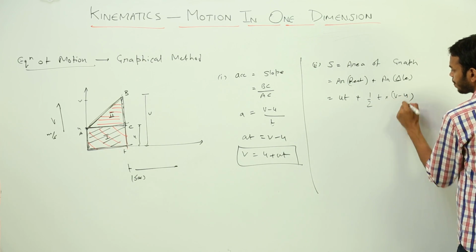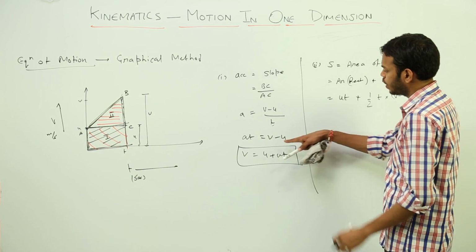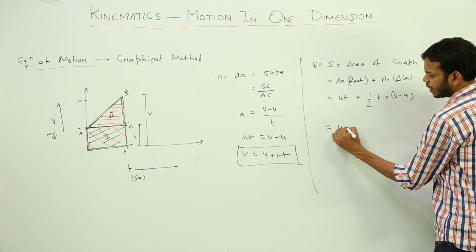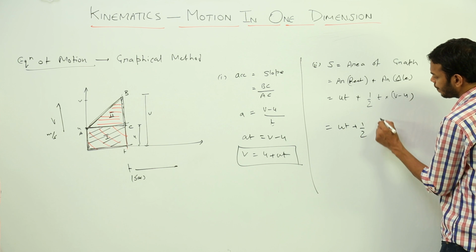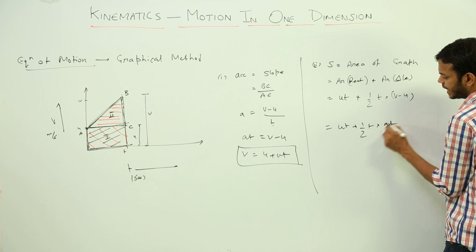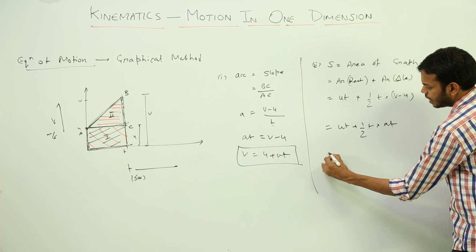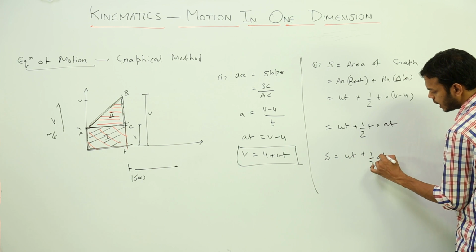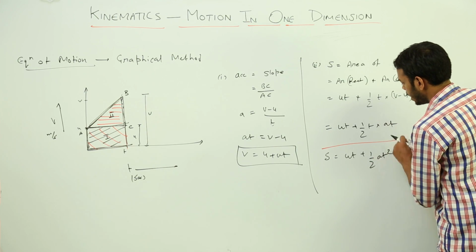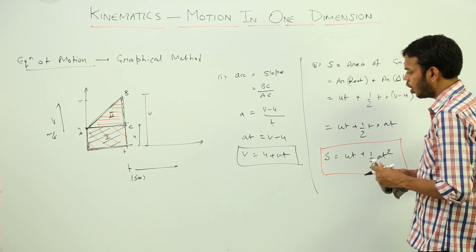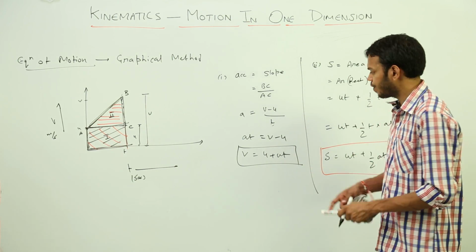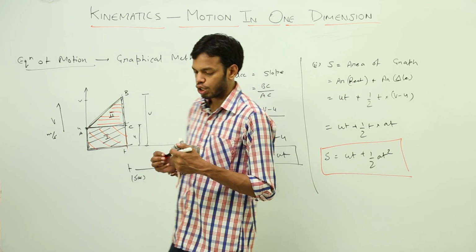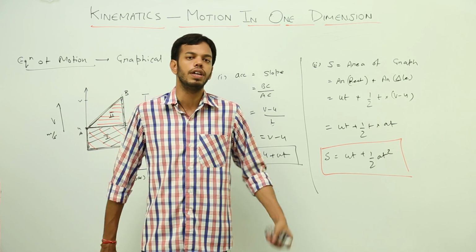From the first equation we know that v minus u is equal to at. So here I can write at. So we are left with ut plus half t multiplied by at, which gives me at square. That is how we find our second equation of motion, s equals ut plus half at square. And if I substitute the value of t or a from the first equation into this, it will lead you to the third equation of motion. So this is how you have to derive the equations of motion.